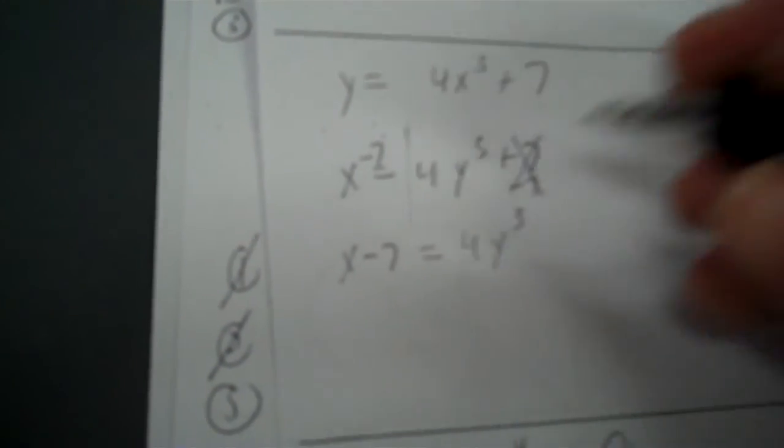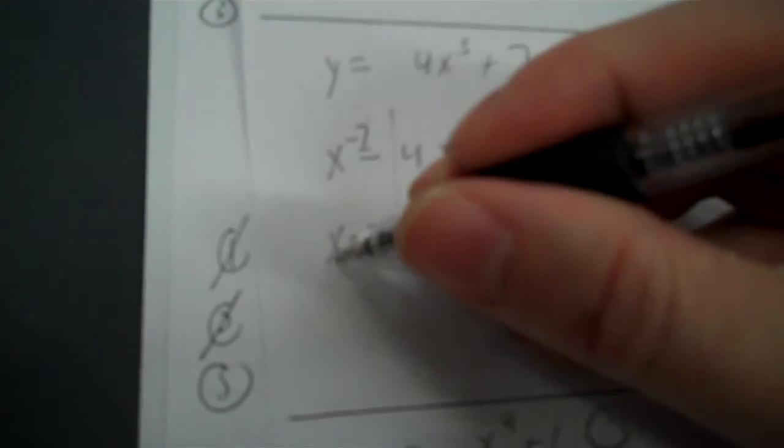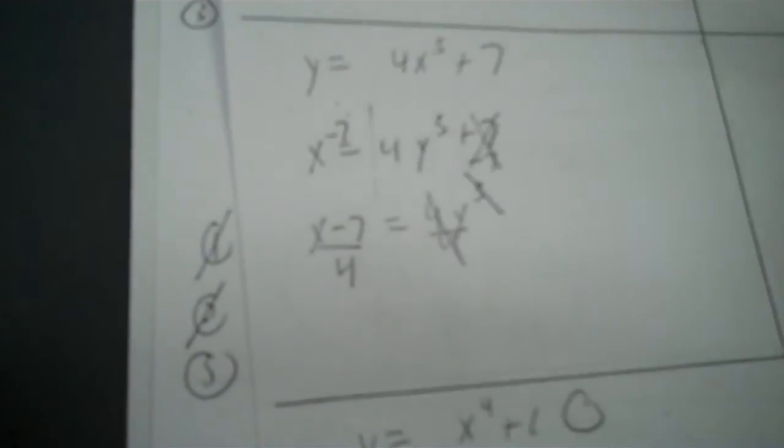Then we have a 4, so we got to divide by 4. Now I have a power, so I get rid of the power and make a radical and put a 3 in the index, okay? So it's a radical, a cubed root, x minus 7 divided by 4. You can't take the cubed root of it because you don't know what's inside.